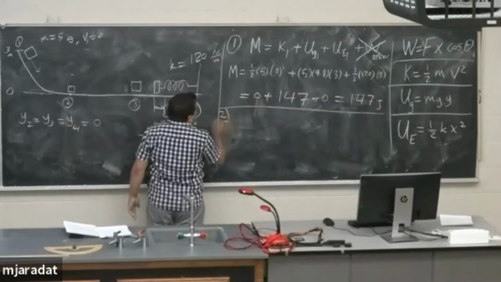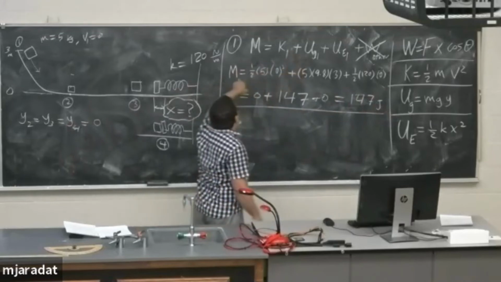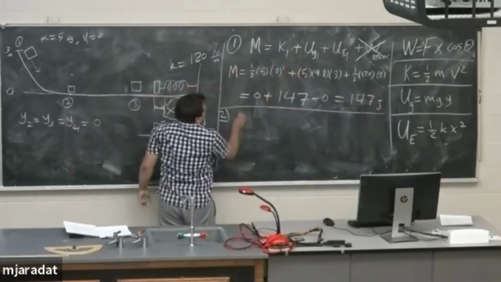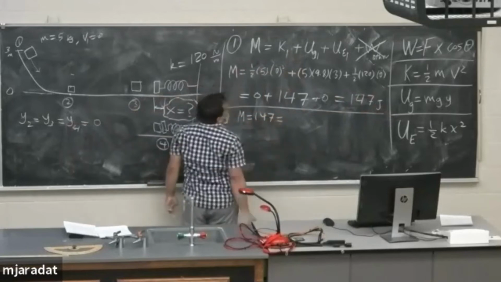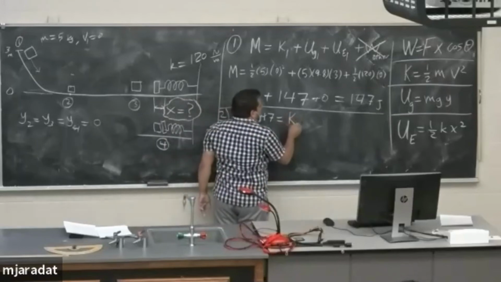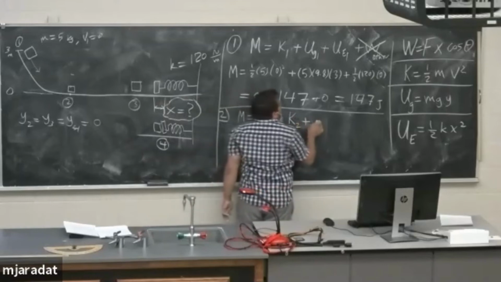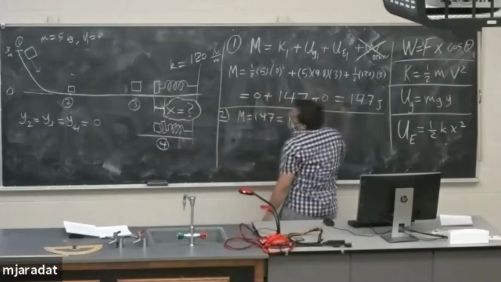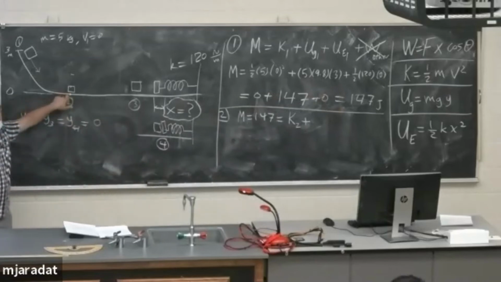At point number 2, we have the same relation, but at point number 2. So our mechanical energy is equal to 147, and it is equal to kinetic energy at point number 2 plus the potential energy mgy. How much the potential energy here? Can't tell me.